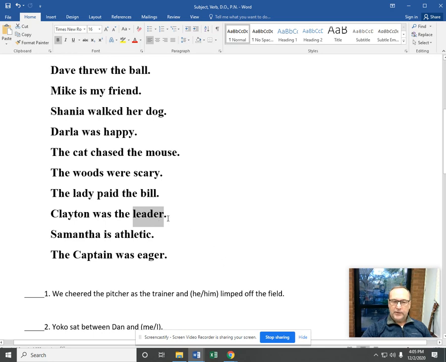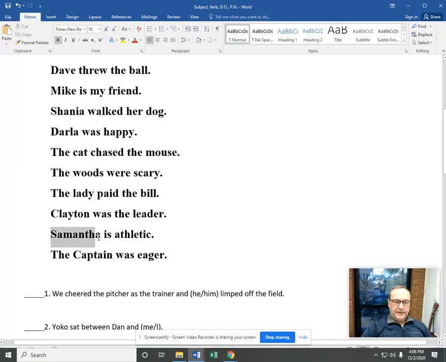Well, it's a noun, so it has to be a direct object or a predicate nominative. Can't be a predicate adjective. And since was is a state of being verb, then leader is going to be a predicate nominative because it's the same thing as Clayton. Clayton is the leader. Leader and Clayton are the same thing. This renames the subject. All right, is this starting to make sense?